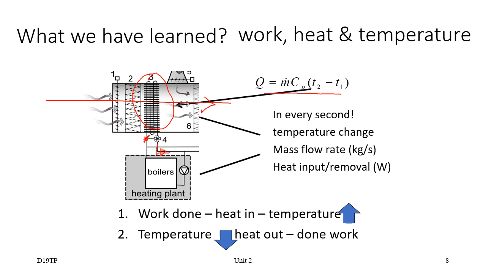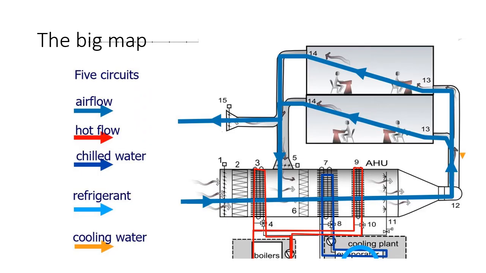Here T2 is after heating if we focus on the air, and T1 is before heating. Cp will be the specific heat of air, and m will be the air mass flow rate, and this will be the heat gained by the air. So if we do work on the air, the temperature rises. If the temperature drops, heat is being taken away. Okay, so that's the first application.